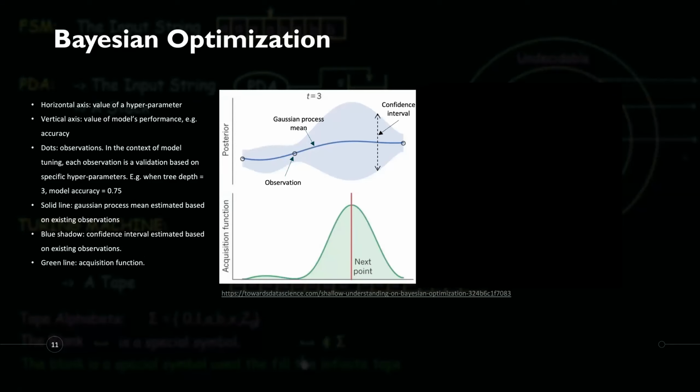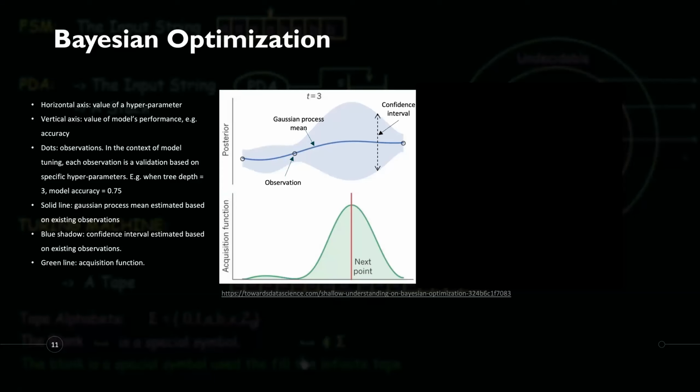So the way to read this diagram: the horizontal axis is the value of the hyperparameter. Let's say the model we would like to tune only has one hyperparameter, and the horizontal axis indicates the possible values of that hyperparameter, for instance the number of nodes for a decision tree.